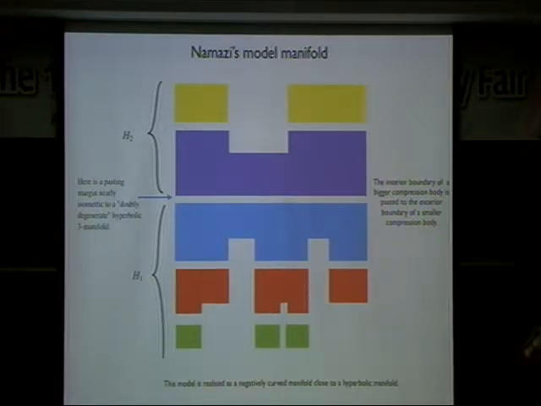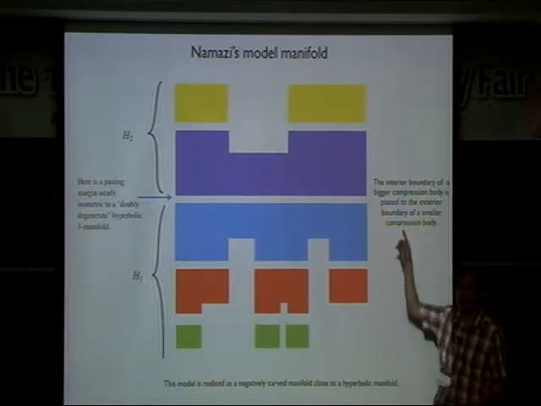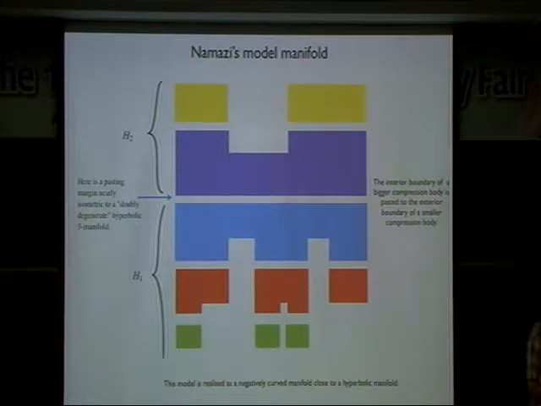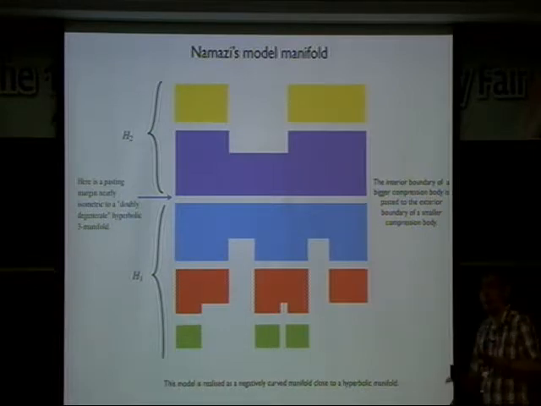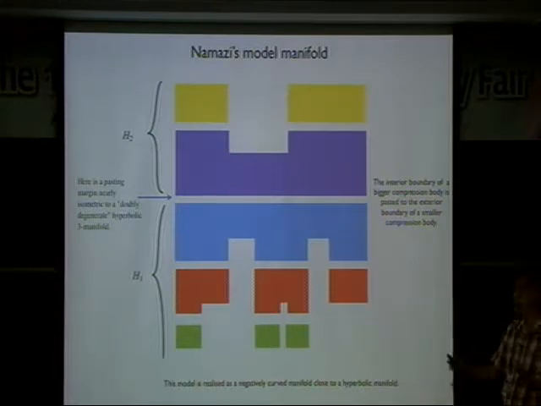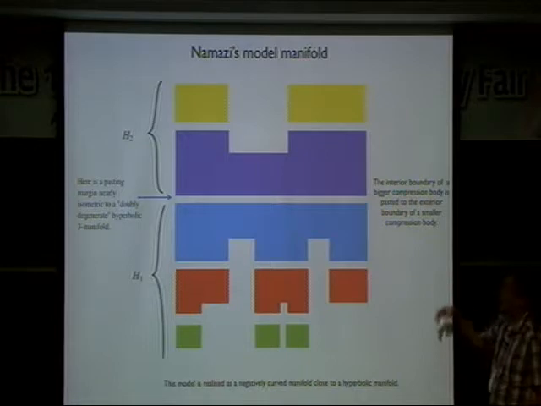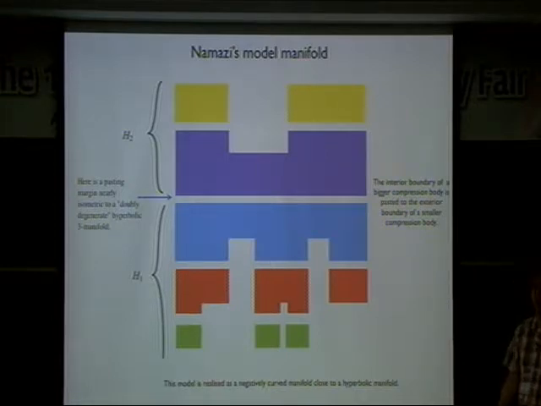By pasting them up, you get a model. Actually, what you get is a negatively curved manifold, but that negatively curved metric is very close to the hyperbolic metric, and the error is bounded by a constant depending only on the Heegaard or Hempel distance.